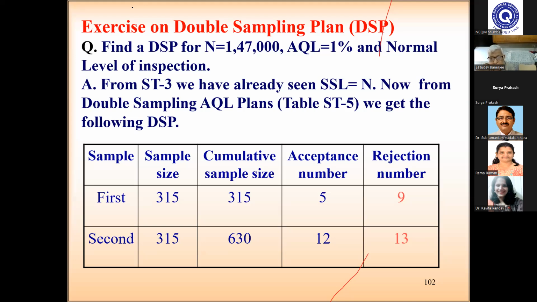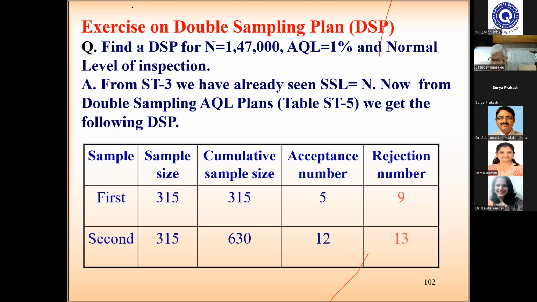Now go to double sampling table ST5, where we find the first sample is 315 and the cumulative is 630. The first sample size is 315. In the table the acceptance number is 5, which means if it is 0, 1, 2, 3, 4 or 5 you can accept it, including 5.